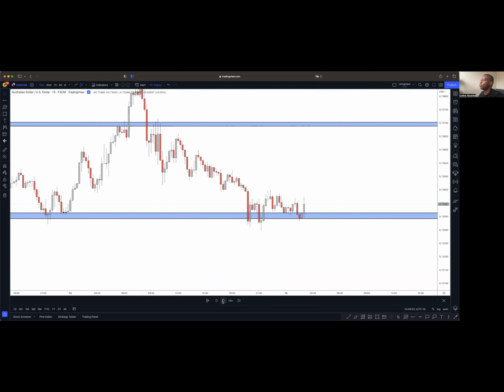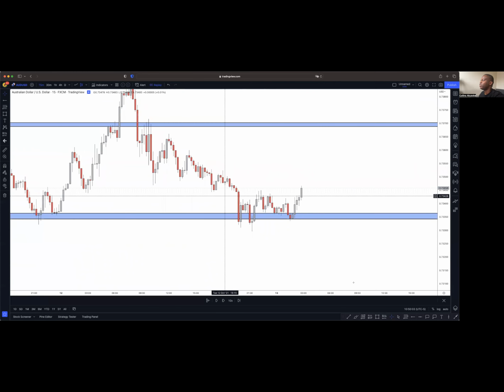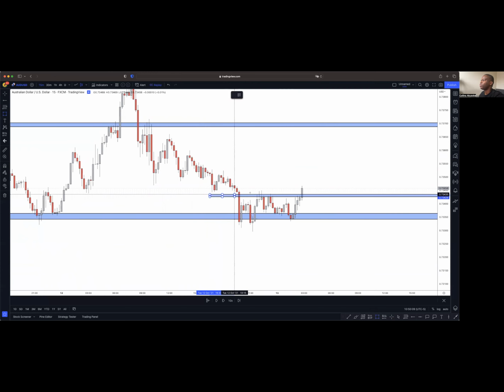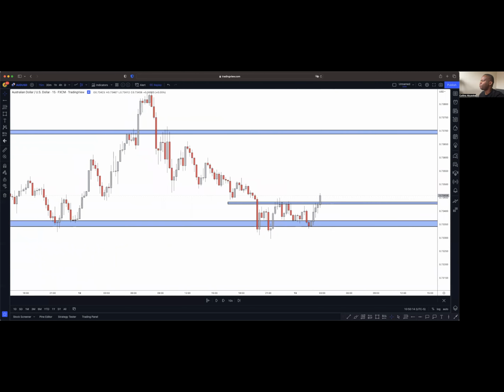This is 2 a.m. Eastern time. Now see how structure is changing at this point. What we can see here is price breaks above this level of resistance, makes a fake out, breaks back in, rejected, made higher lows, higher highs, higher lows, higher highs, came to this level of support from the double bottom.